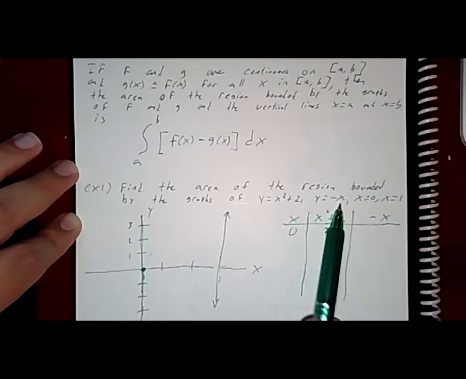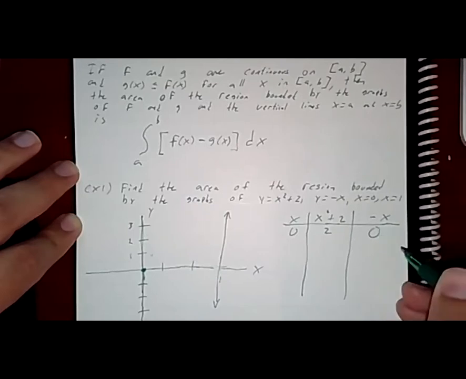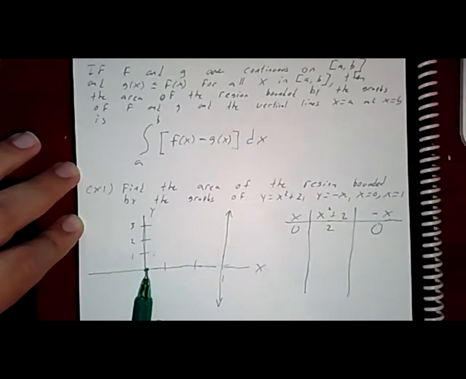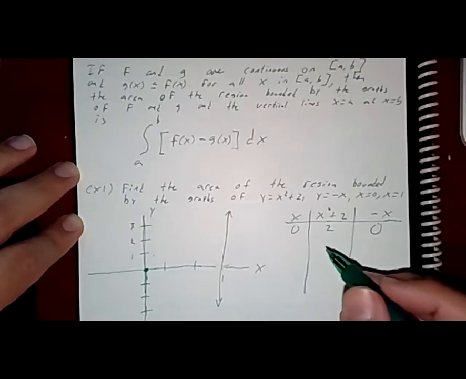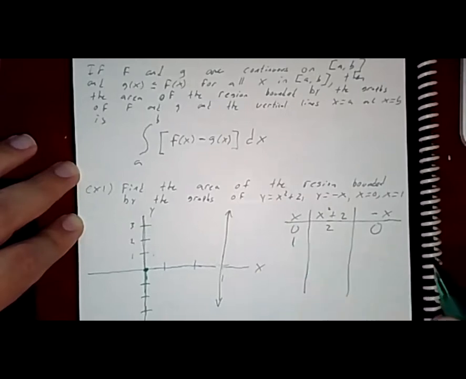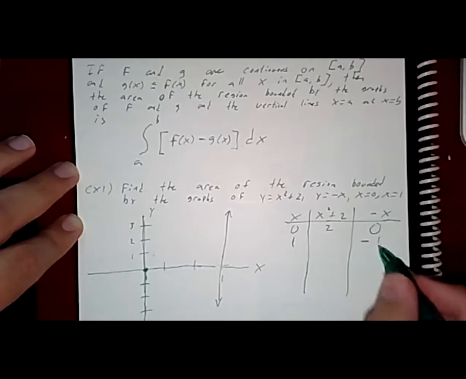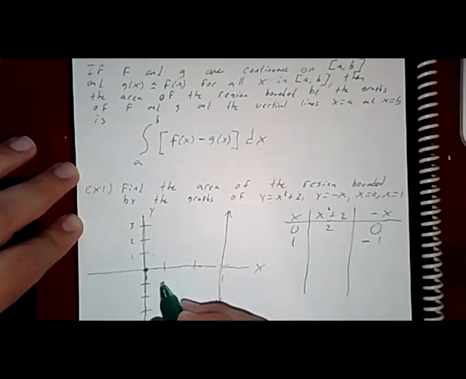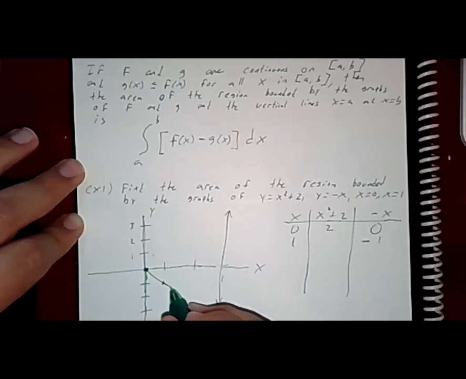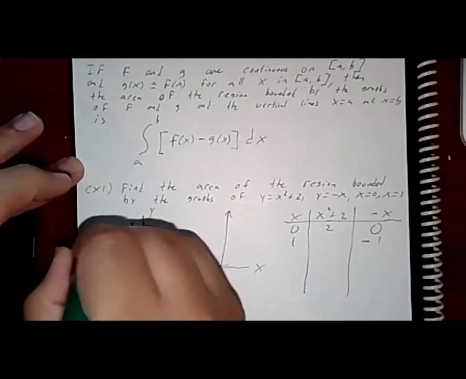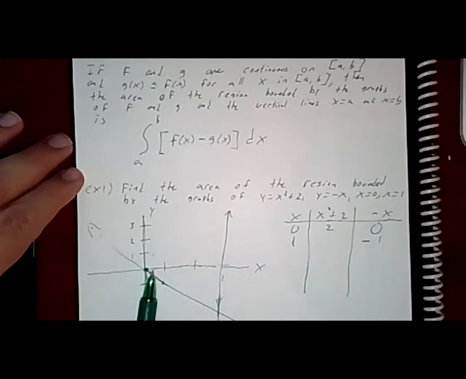If I plug in 0 into this line, you agree that I would get 0. So that's where I got this point. If I plug in 1 into the line, I would get -1, right? So the line is doing this kind of thing here. But we don't care about this side. We only care about 0 to 1 because they bounded that region.